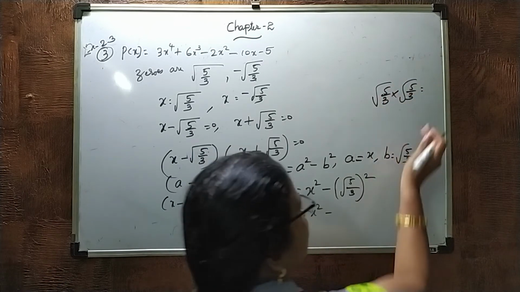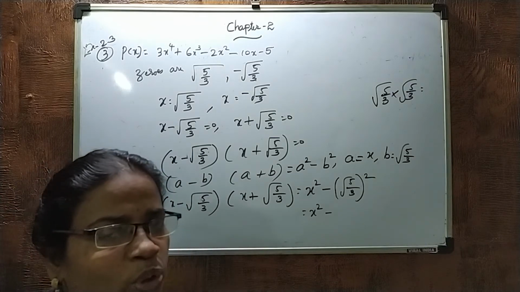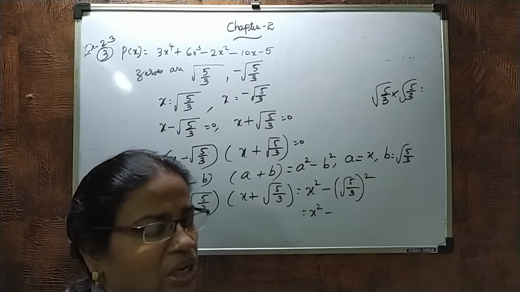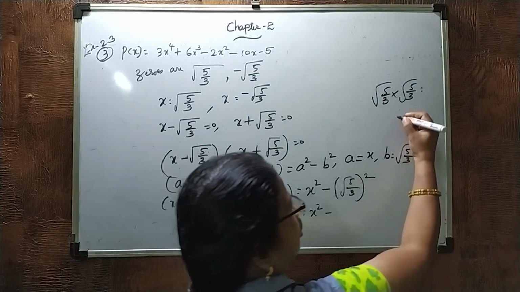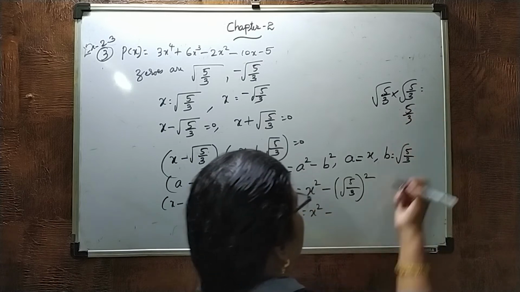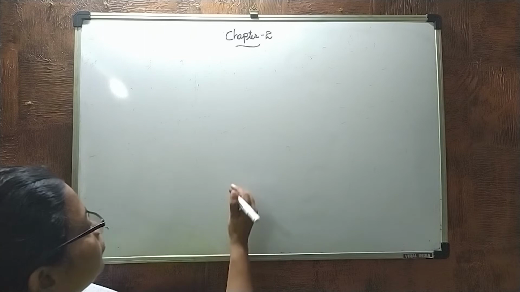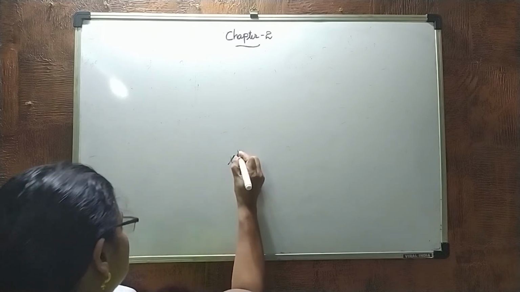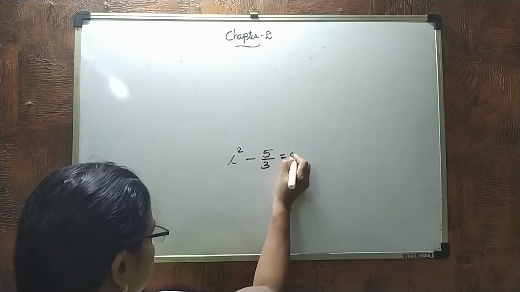You will get the answer. Root 3 into root 3, it will be 3. Root x into root x, it will be x. Root 9 into root 9, you will get 9. So same thing, you will get the answer 5 by 3. So x square minus 5 by 3 equal to 0.